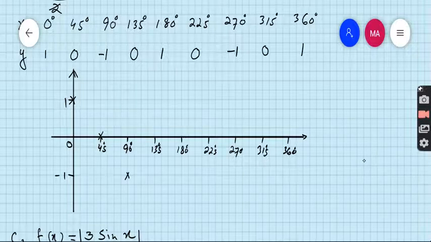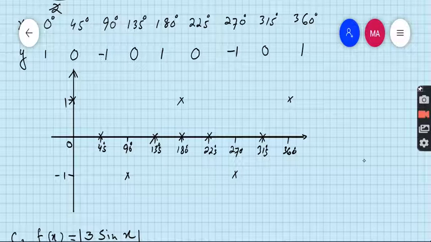X is 135, y is 0. Sorry. X is 180, y is 1. 225, 0. 270, minus 1. 315, 0. And 360, 1.